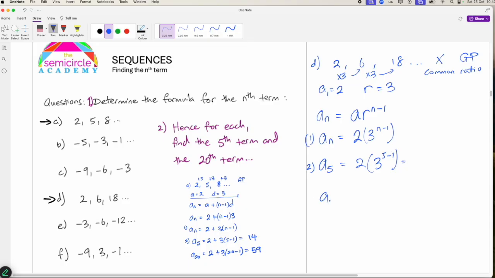And we have the 20th term, which is 2 times 3 to the 20 minus 1. Somebody tell me what the 5th and the 20th term are, please. This one here is 2,324,522,934.